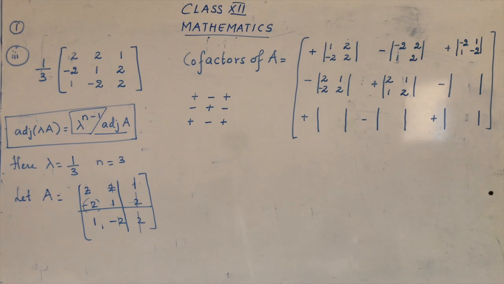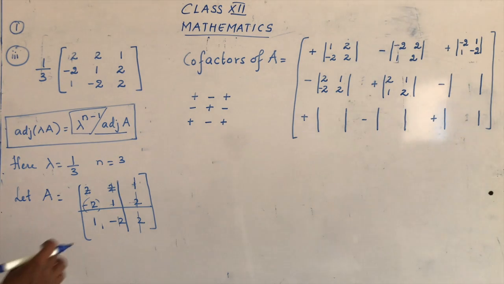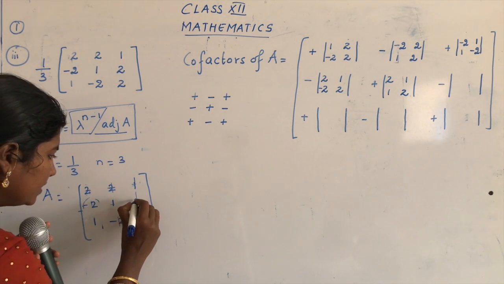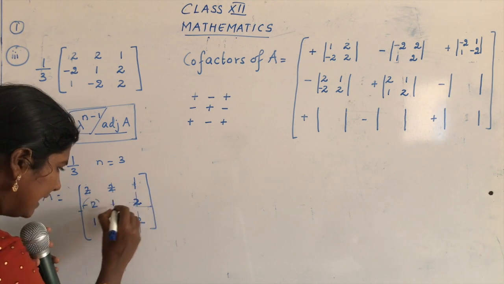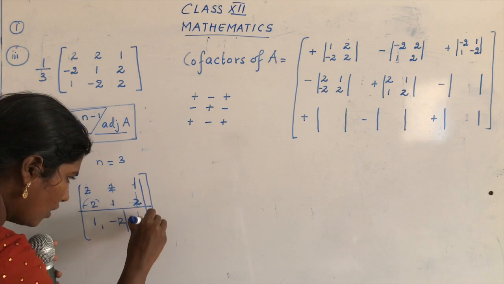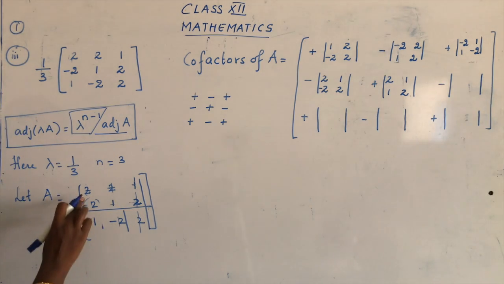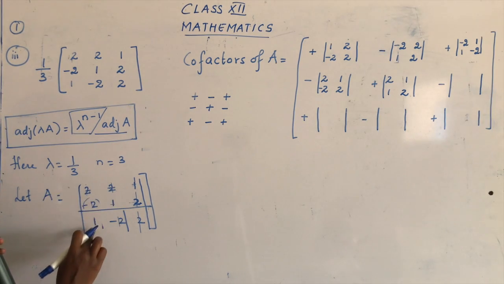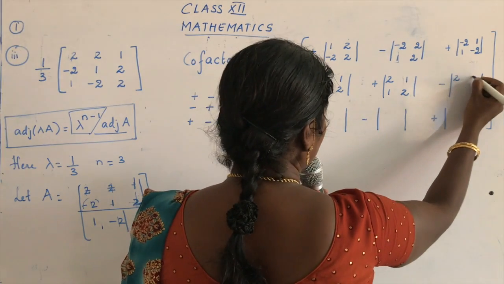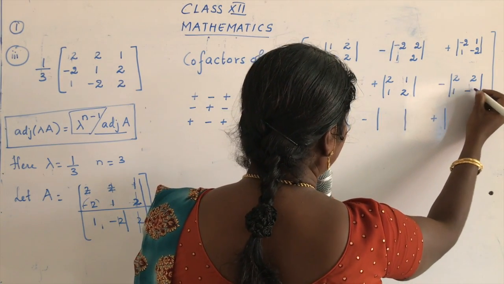Okay, let's go for the next. Now we focus on 2. When you take this element 2, eliminate the corresponding row and column. So what is left? 2, 2, 1, minus 2.